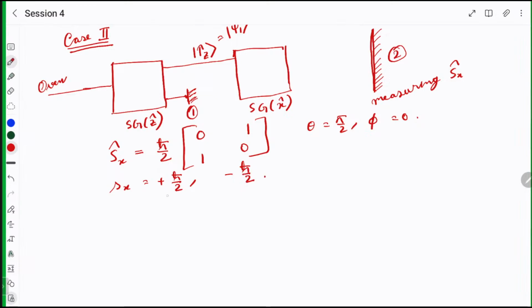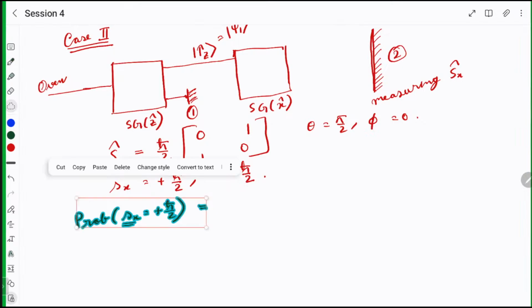Now, let's find the probability of getting the upper hand of the Stern-Gerlach experiment, so basically of measuring Sx equal to plus h cross by 2. I should have mentioned the eigenvectors before this.